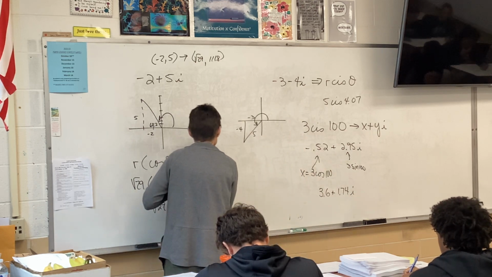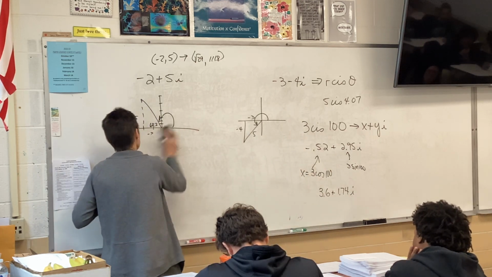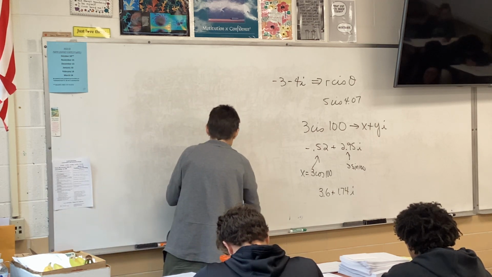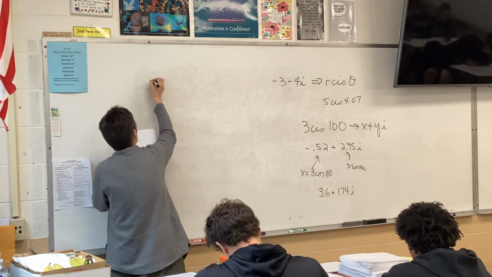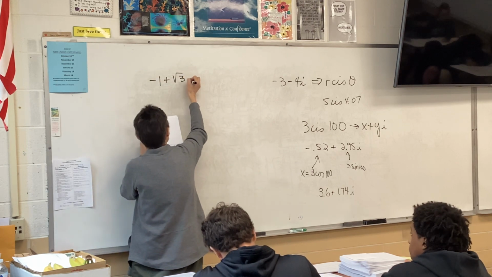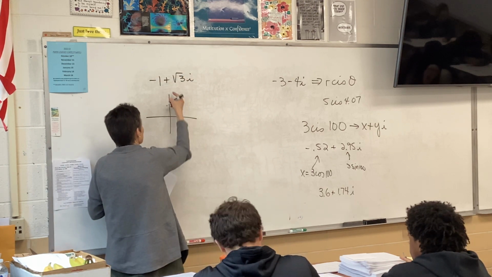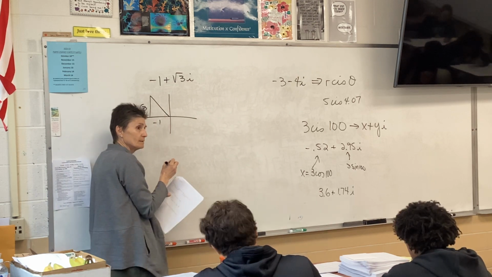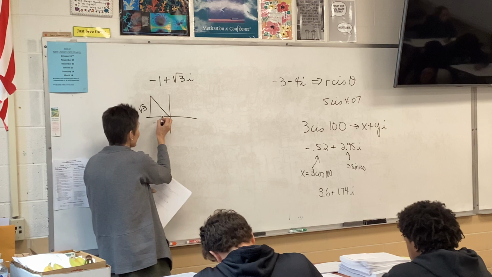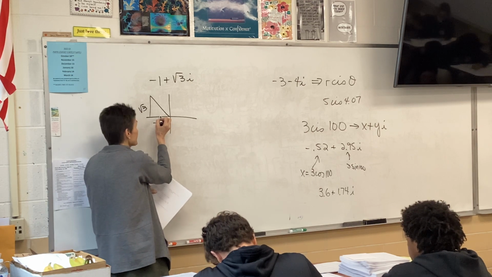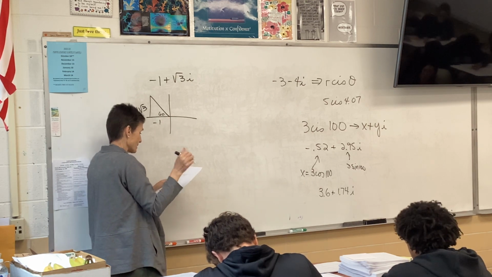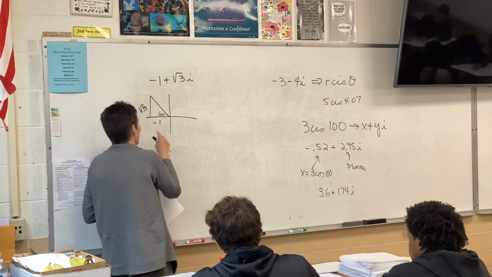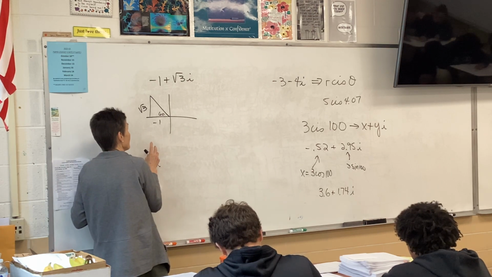Now number 5, no calculator. You're going to do exactly the same exercises, but we're not going to use a calculator. We can get away with that because look at the numbers in the problem. When I draw that over 1, up root 3, I should recognize that angle. 60, if I'm in degrees, it doesn't really say. So what is my polar form for this number?